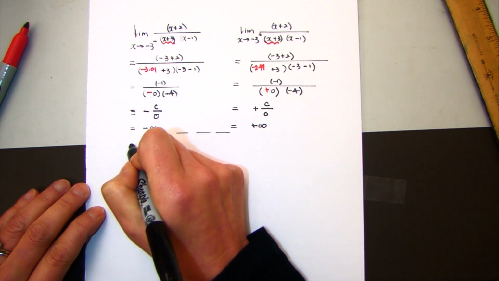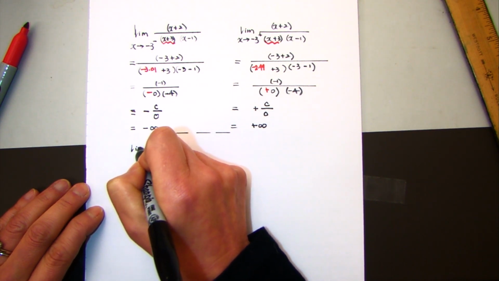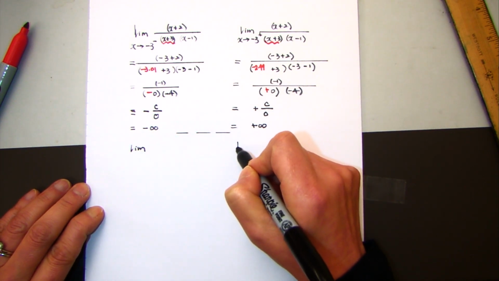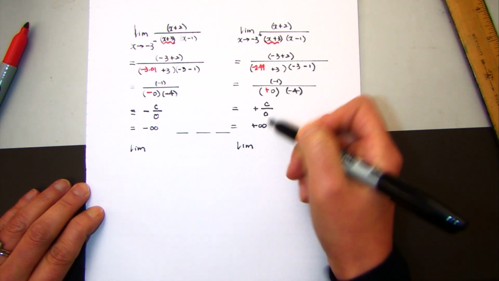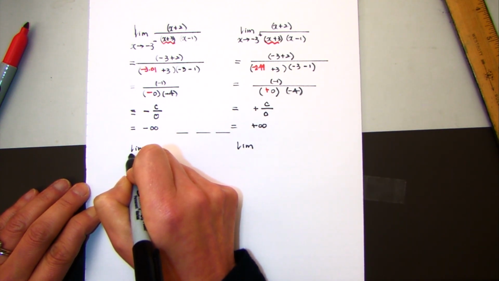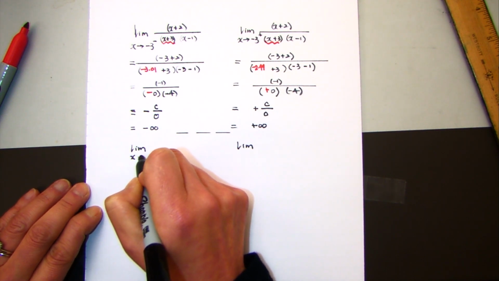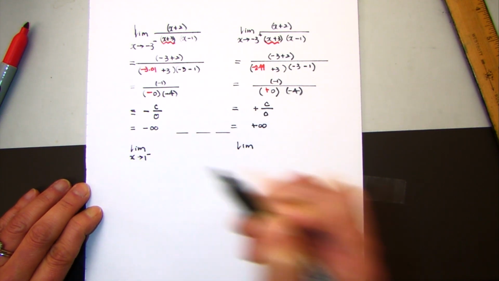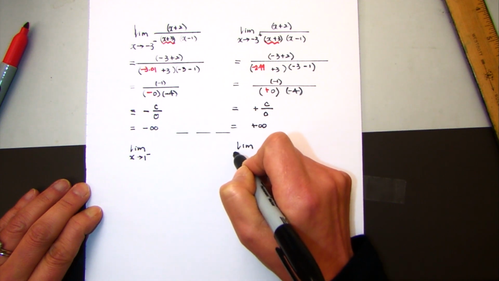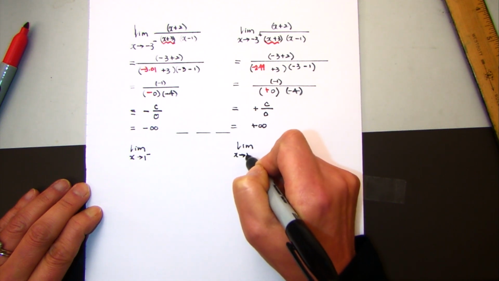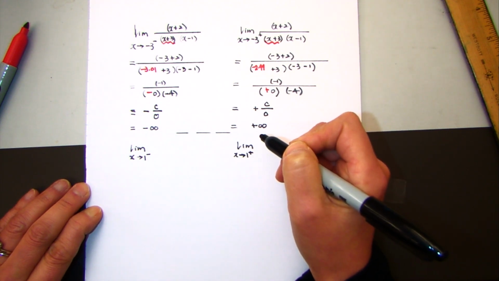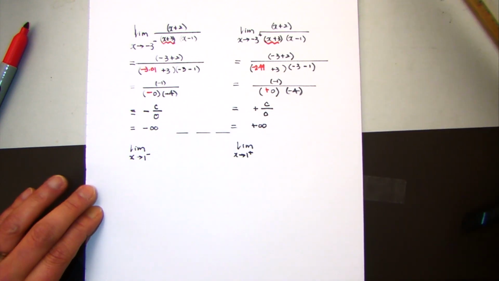And then now I want to look at the behavior of our graph close to 1, close to x equals 1. Again, get close to 1 from the left, get close to 1 from the right. Okay, name of the function.